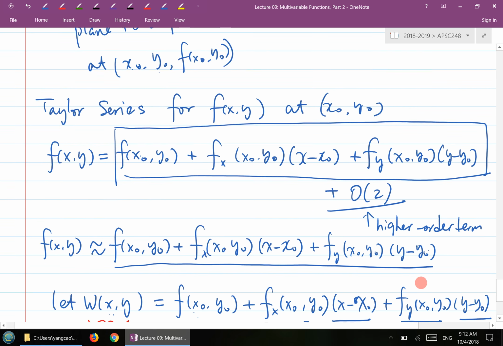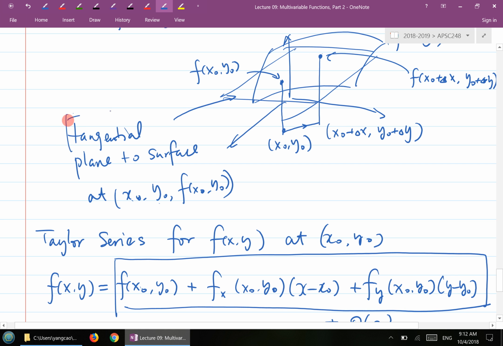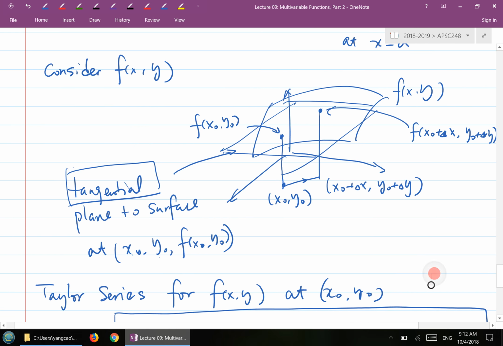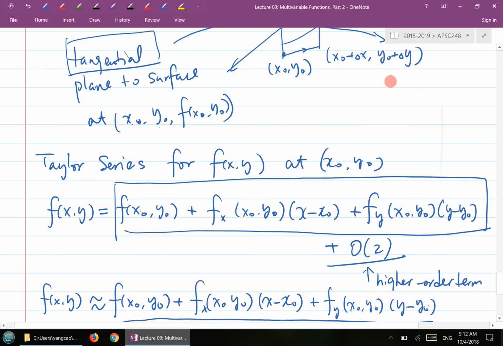Now you may ask, because I did mention it's a tangential plane, so why is it a tangential plane? A tangential plane basically means it's a plane at this location tangent to the surface at that location. So what makes it a tangential plane is that the plane has to have a normal vector perpendicular to the given surface. This is actually for a future lecture.